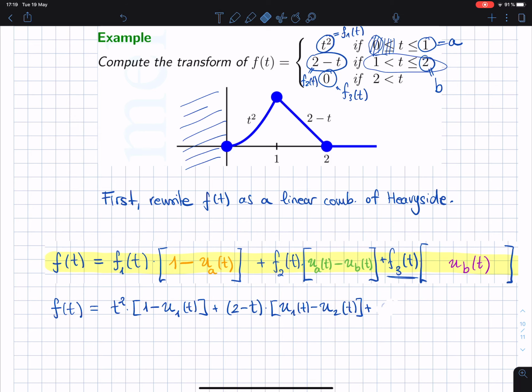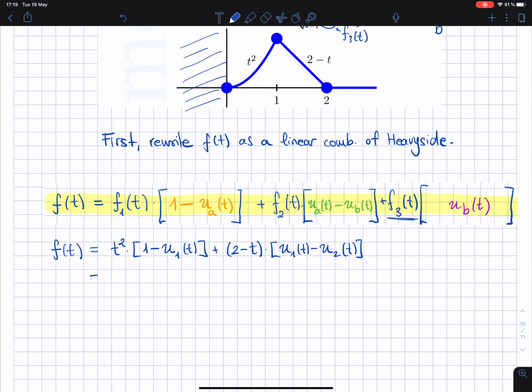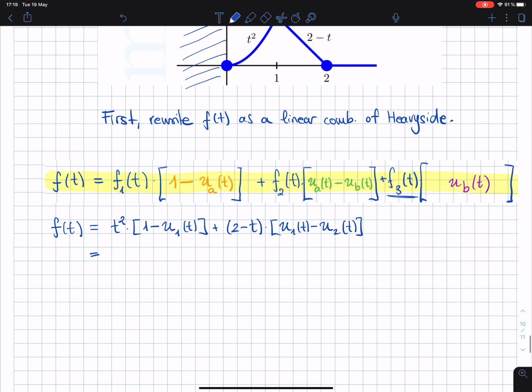So I'm not going to write it down. So what we have here is a linear combination of Heaviside functions u1 and u2.